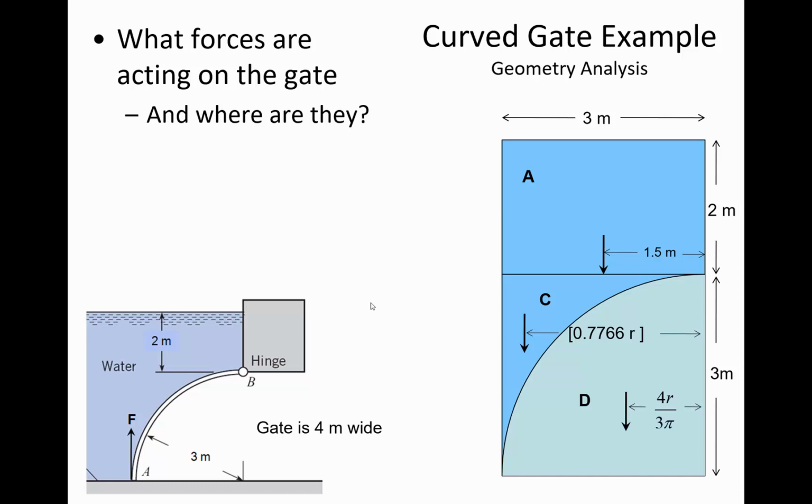Okay, the magnitude FA depends on the volume times the unit weight of the water. So what's the shape of A? 2 by 3 by 4 meters into the page. It has a volume of 24 cubic meters that we multiply by the specific weight of the water to find its force.